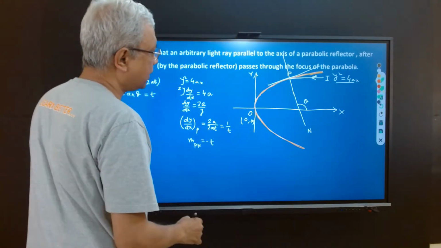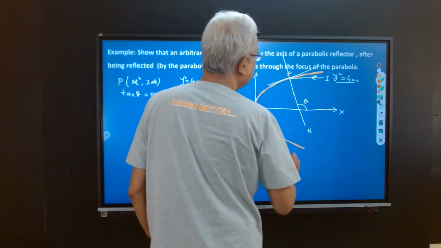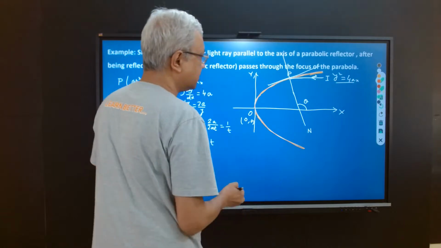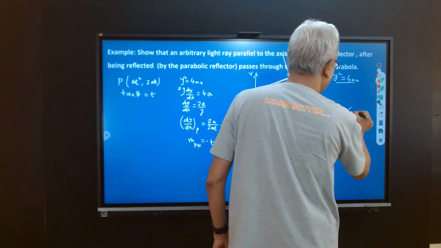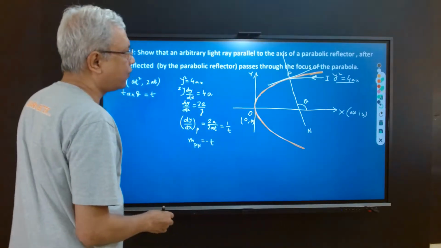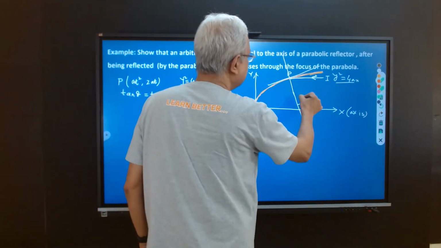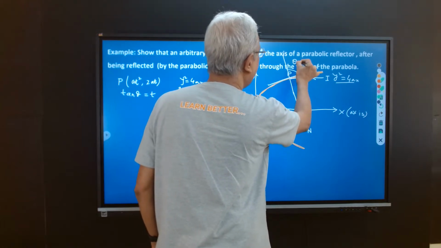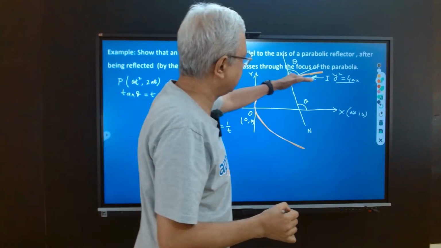Now since this incident ray is parallel to the axis, and the x-axis is the axis of the parabola, this line makes an angle theta with the incident ray.